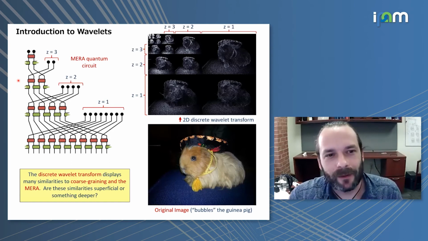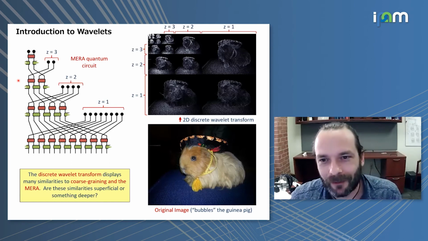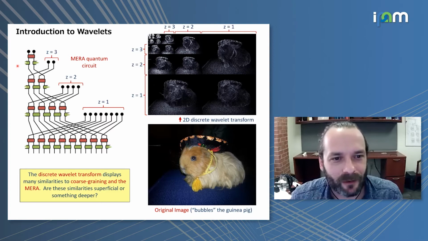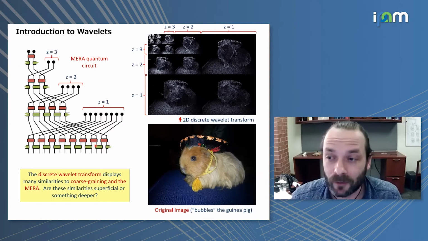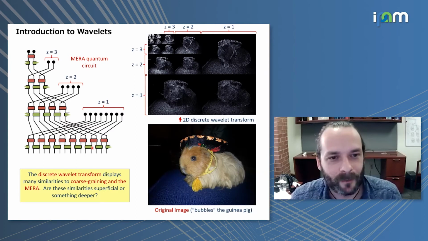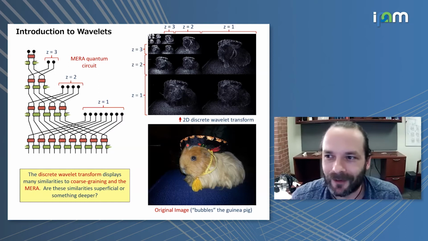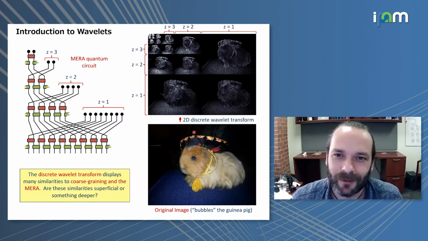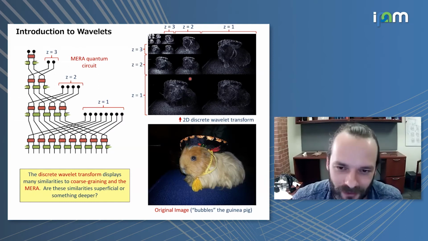Okay, and so what I've drawn here is a MERA quantum circuit, a type of multi-scale tensor network that's widely used, and I've drawn it next to this decomposition of an image in terms of this multi-scale structure.